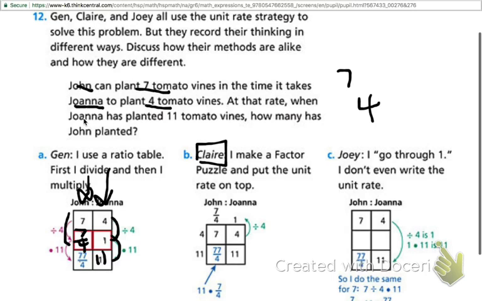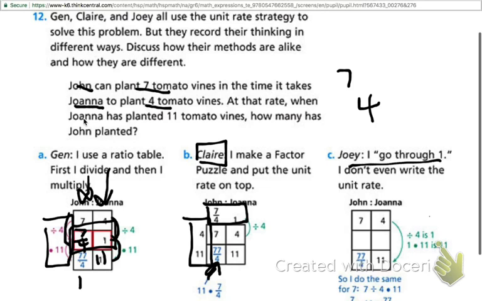Now, you can also arrange it as a factor puzzle. Once you know that it's 7/4, you can put 7/4 in 1 right here. Right? You can put 4 and 11 down here, just like you do with a normal factor puzzle. And the answer would be 77/4, just like we got over here. And this is the same thing.